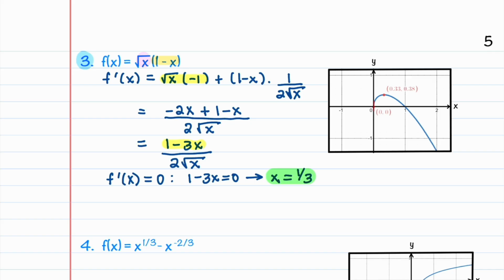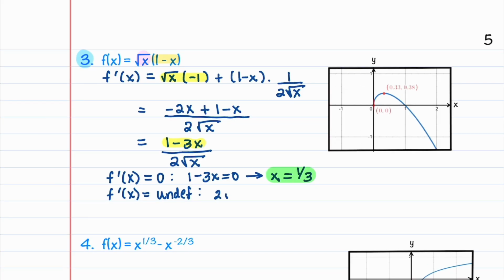Now we're going to see where our derivative is undefined. That is going to happen when our denominator is equal to 0. So we have 2 root x equal to 0, and that happens where x is equal to 0. Now, we can't just assume that this is going to be a critical number.